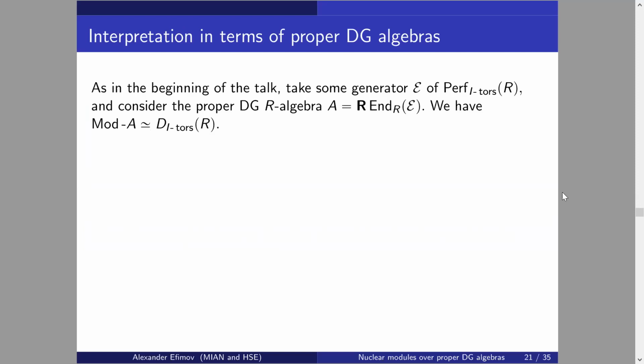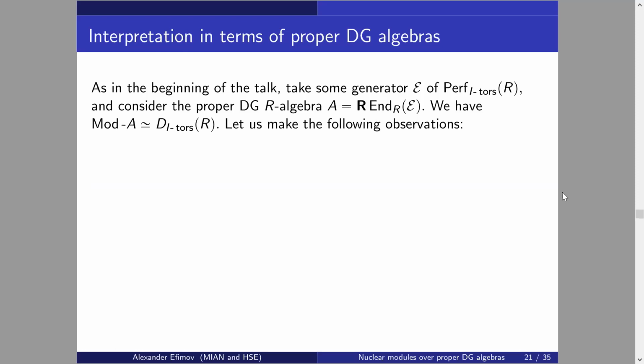Now I will express the solid modules in terms of perfect complexes with torsion homology. So we take again the generator and take its DG algebra of endomorphisms as a proper DG algebra over R. So solid modules are identified with the derived category of R-modules with torsion homology.